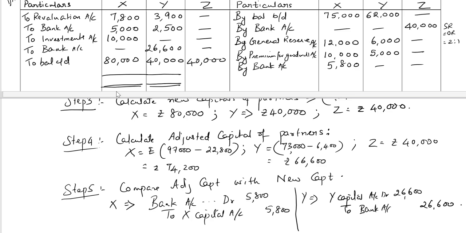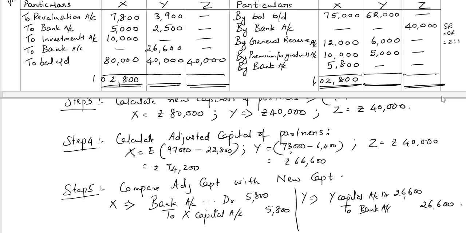If both sides tally, then we know our arithmetic is right. So let's check whether it's tally. In the case of X, total of the credit side 1,02,800. Total of the debit side is also 1,02,800.